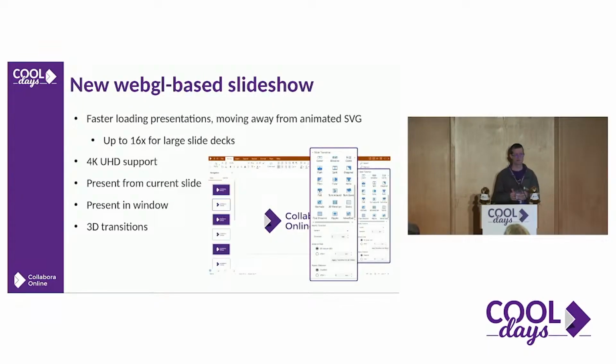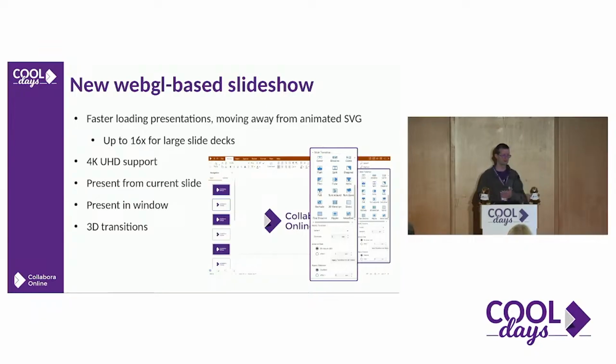Something specific to Impress is the new WebGL-based slideshow, which means we don't need to generate an interactive SVG for the whole presentation. In case you had lots of slides, large resolution images, the high resolution images, then that took a bit of time. And with the WebGL-based slideshow, you only have to render the first slide.